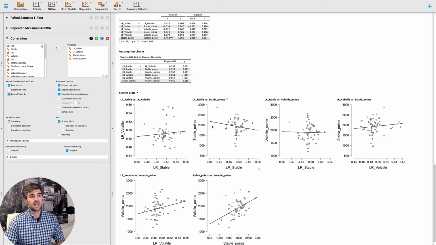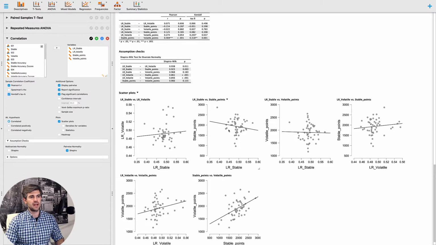Interestingly, though, we don't see that in the stable comparison. There doesn't seem to be a relationship between points scored and learning rate in the stable block, but there does seem to be that relationship in the volatile block, suggesting that participants who have a higher learning rate scored more points. Interestingly, actually, it's not significant, so we shouldn't read too much into it, but there does seem to be a negative trend.